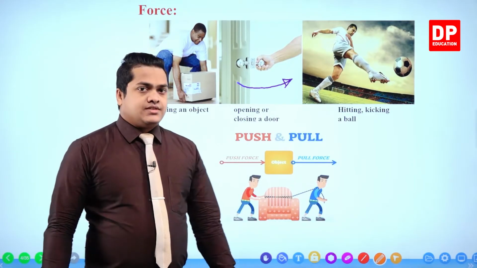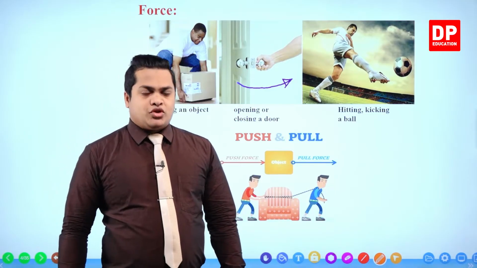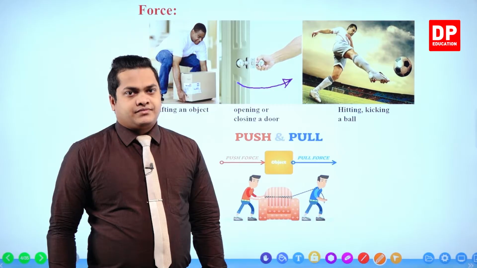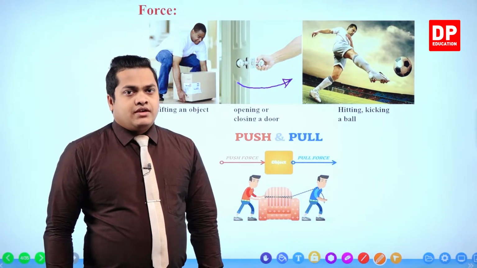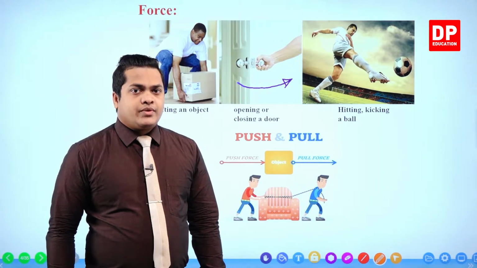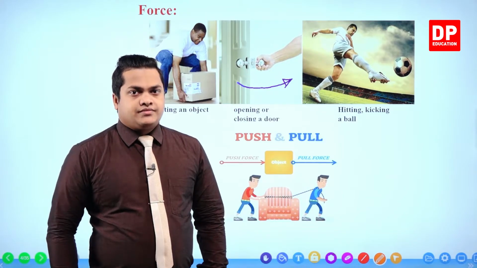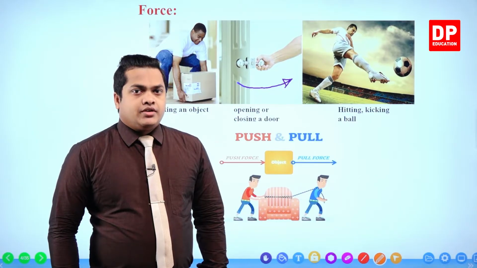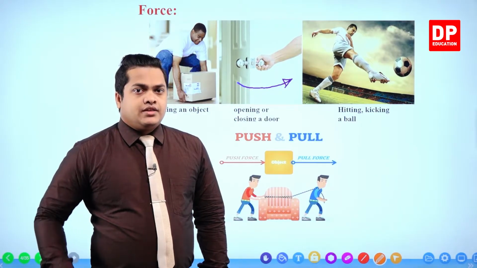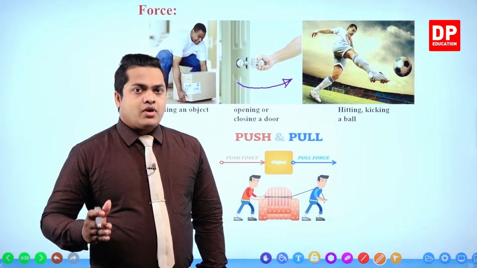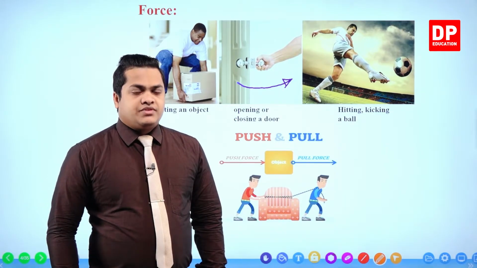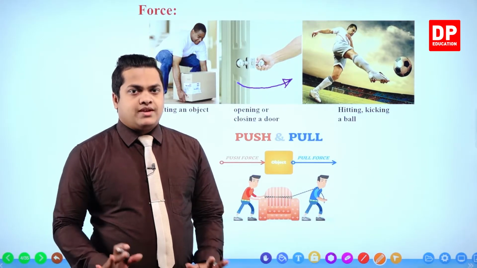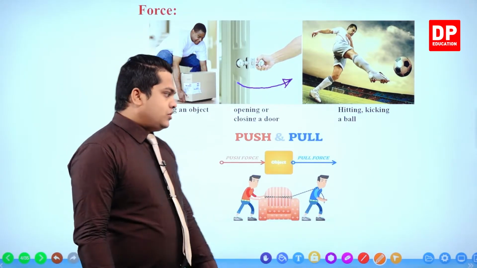In the third instance, the ball is being pushed in a certain direction by kicking it. By kicking, we push the ball to a different location. So upon pushing, you can clearly see that the objects are moving away from the person. That's how pushes and pulls work.